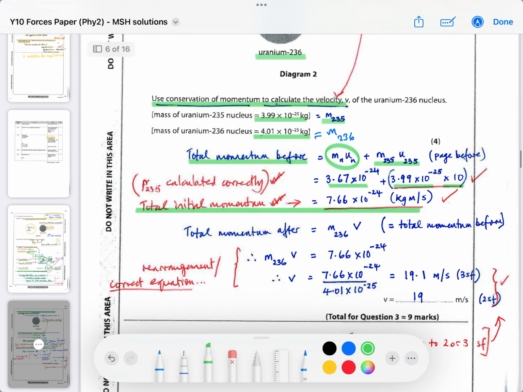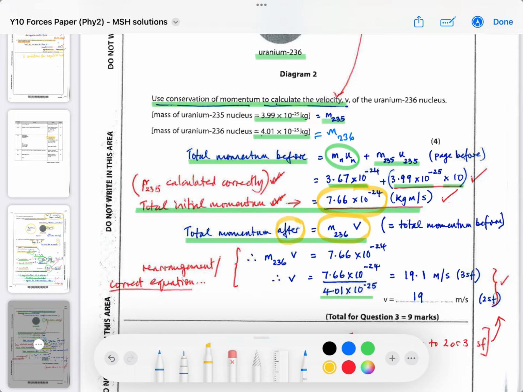Now, the total momentum after must be equal to that. Now the mass of the nucleus has slightly increased, to 4.01. So we can say that this number, circled in yellow, must be equal to mass times velocity after.